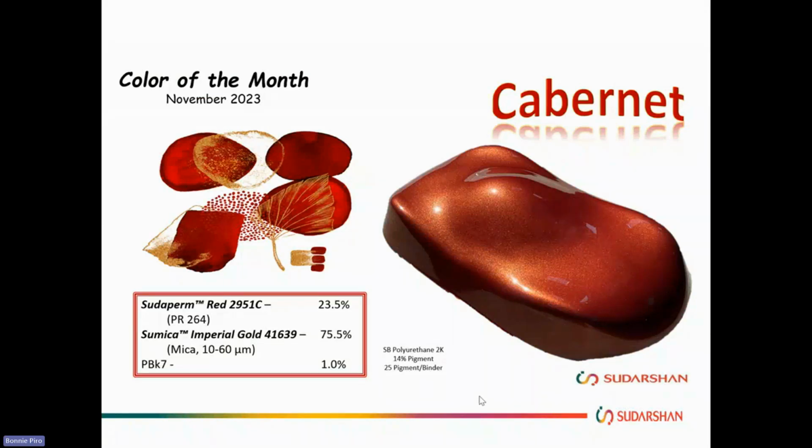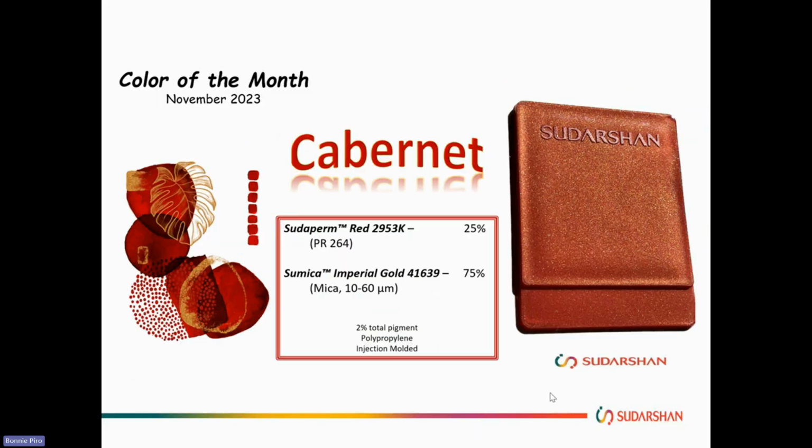More to the browner side is a combination of just 264 and a gold mica effect pigment, to be able to get that space covered with a very simple formulation with a little bit of carbon black as well, to be able to drive that color more to the brownish side of the red space. And then same thing on the plastic side, same idea.